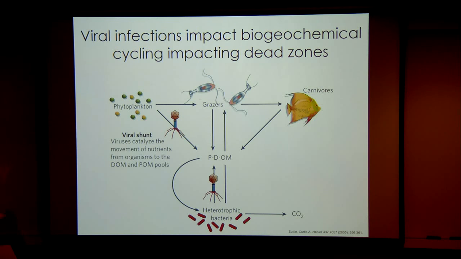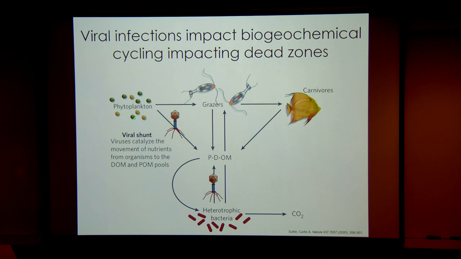Viruses are also known, of course, to impact food webs in general. Phytoplankton, which are the primary producers in aquatic systems, would typically be consumed by grazers, and that energy and resources would move up the food chain to larger and larger organisms.